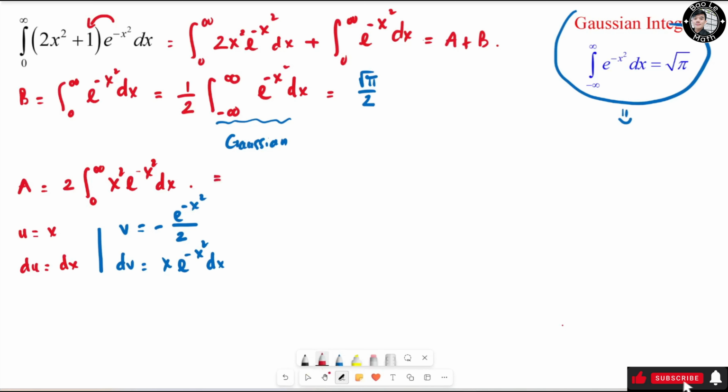Now this can be written as 2 times the limit as b approaches infinity of the integral from 0 to b of s squared e to the negative s squared ds.